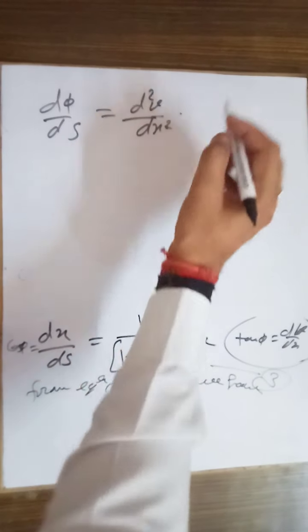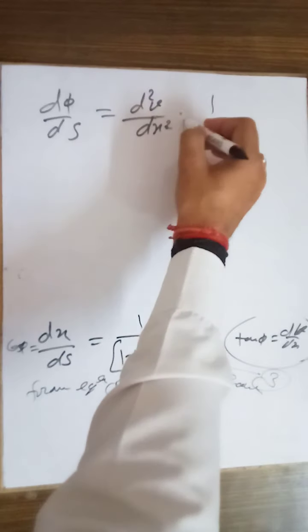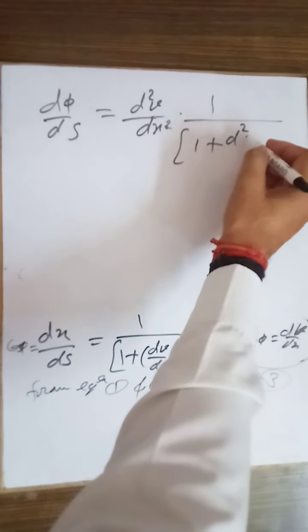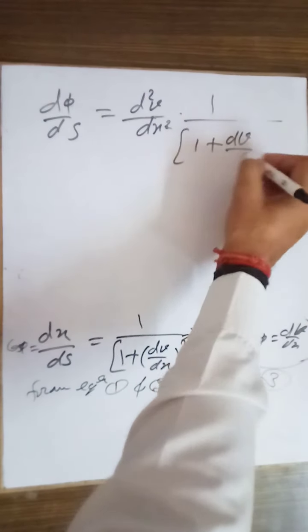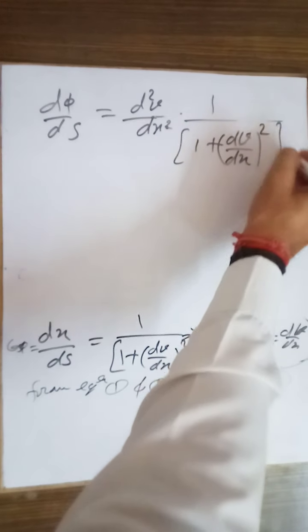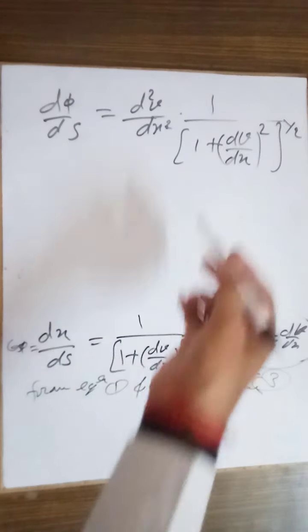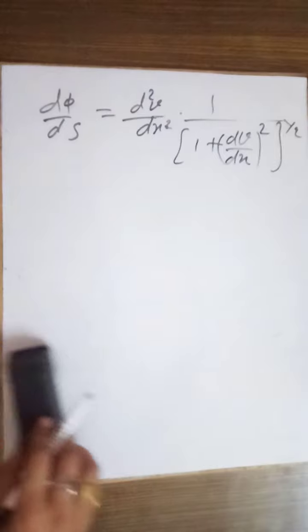So here I need to put this value, that is 1 upon (1 plus (dv by dx) whole square) to the power half. So this value we can put here.